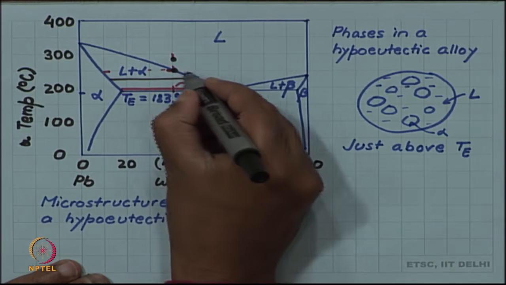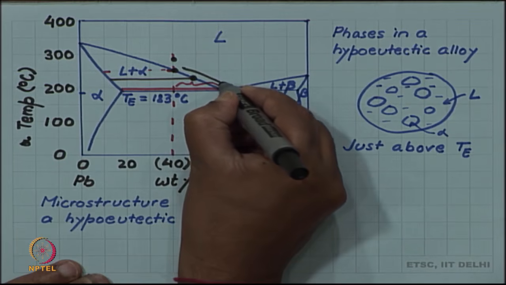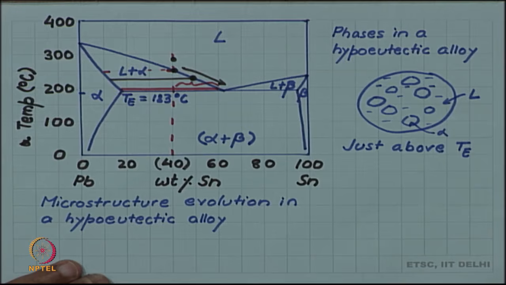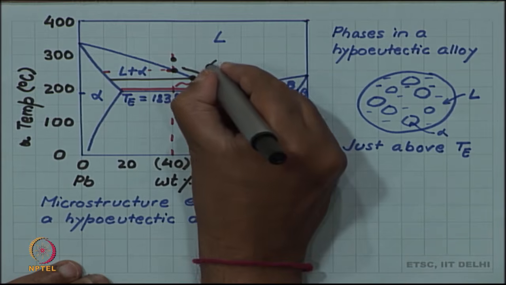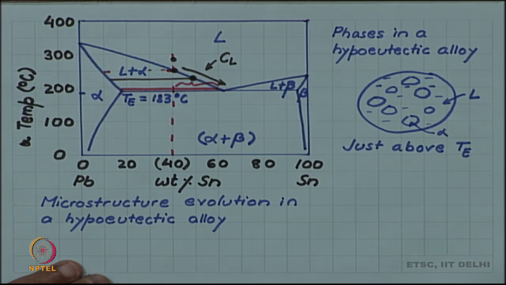So, initially it was 40, but then it started increasing and following this liquidus line. So, this is the evolution of the liquid composition.